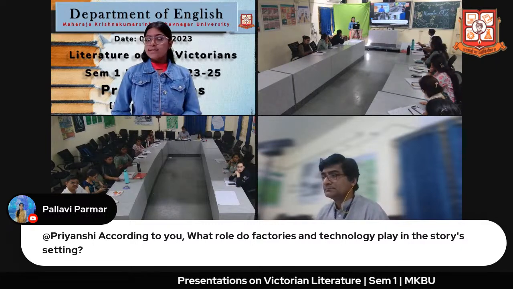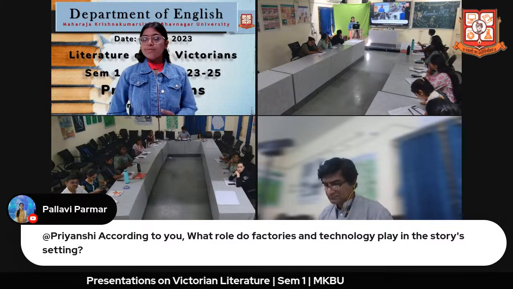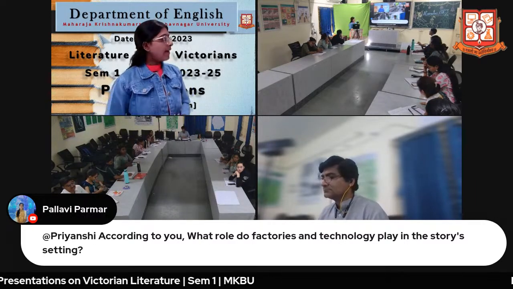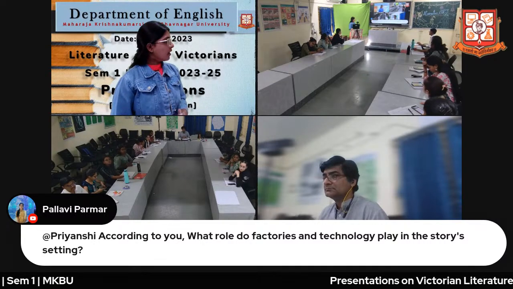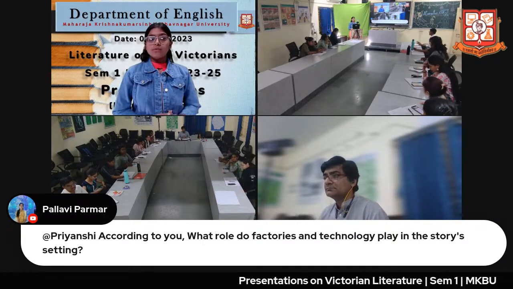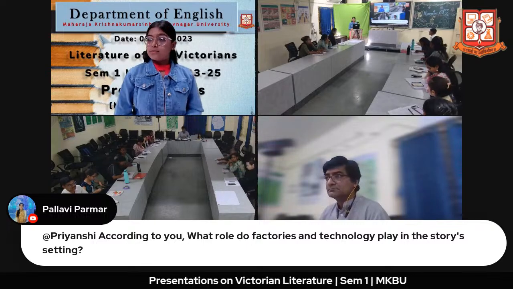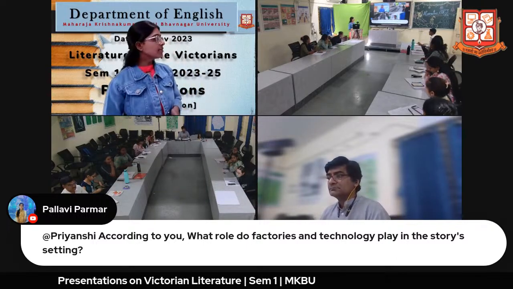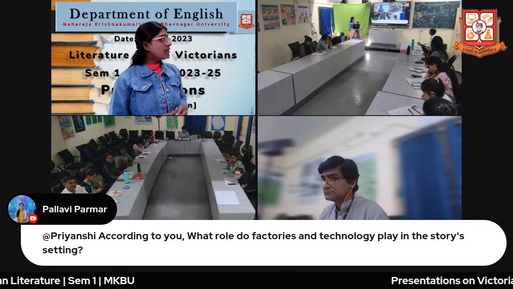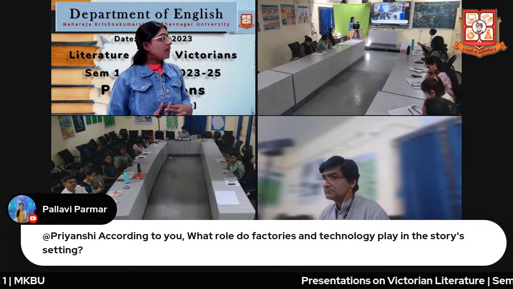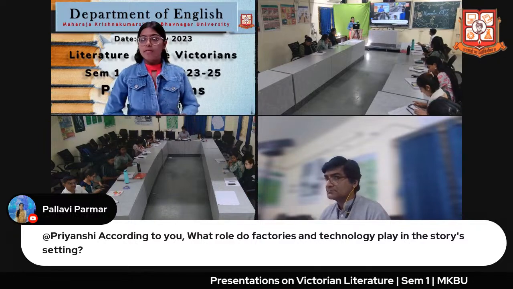Coketown symbolizes the industrial society of the town and the people who were exploited by their owners. So that shows factories and technology show the industrial and mechanical exploitation of people.